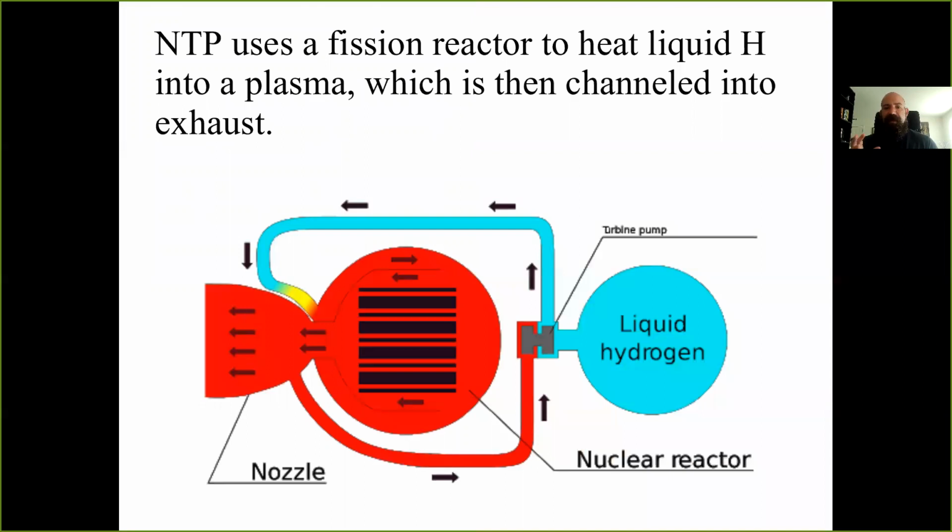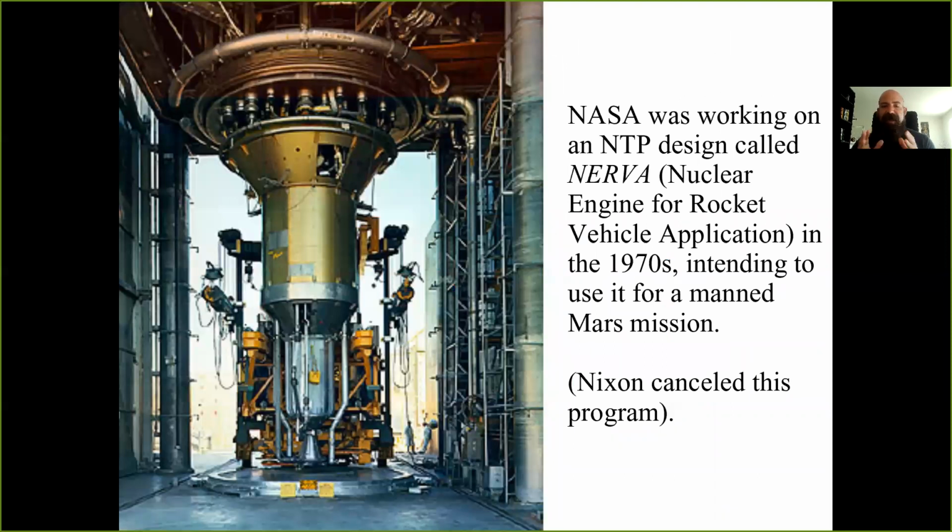So this basically just uses a fission reactor, a very conventional fission reactor, in order to heat liquid hydrogen fuel into a plasma. So we'll have a very high specific impulse, and then channel that into the exhaust. In principle, it's a pretty straightforward idea, and actually NASA was working on an NTP engine called NERVA, the Nuclear Engine for Rocket Vehicle Application, back in the 1970s, with the intention of using this for a Mars shot.